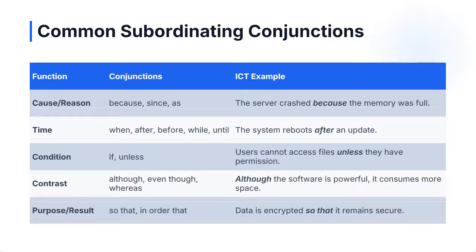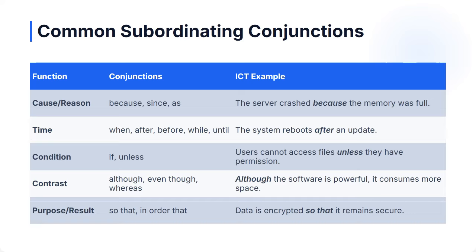We have other conjunctions of time, like when, after, before, while, until. We use them to compare the time when actions happened. For example, the system reboots after an update.